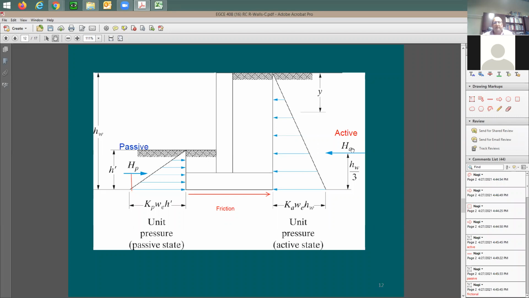So there is no way that you can say HA is equal to that much, and HP and the friction force is larger than HA. You cannot do this if you'd like to have an equilibrium condition here. The reality is that HA is equal to the friction force plus HP at any time. So the calculated values for the friction force and HP, the passive force, are a resistance, which means up to a limit.